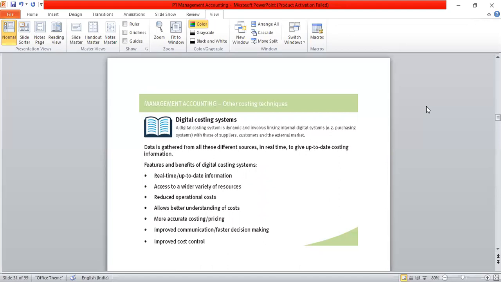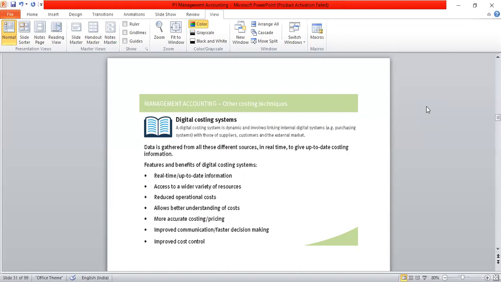What are the features and benefits? It's real-time, up-to-date information because everything is available in electronic format. Then access to a wider variety of resources, reduced operational costs. Why reduced operational costs? There's no marginal costing incurred. It allows better understanding of costs, more accurate costing and pricing.